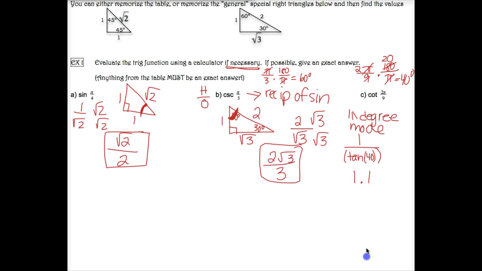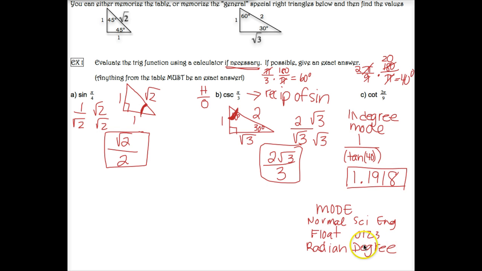You see radian and you see degree. So if it was already in degree mode, you did it this way. If you want to do it in radian mode, that means you need to move your blinker over top of radian and press enter to turn it into radian mode so that radian is highlighted.